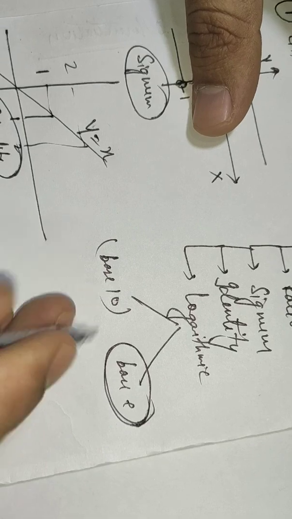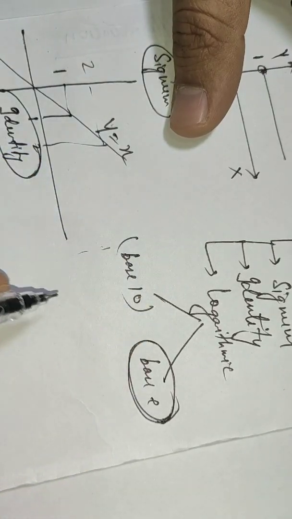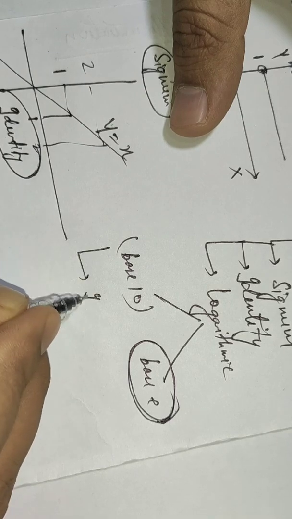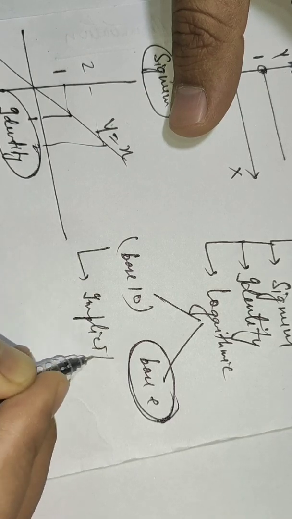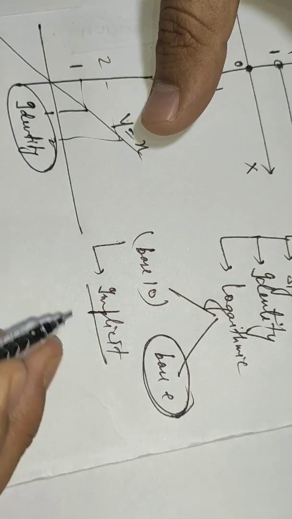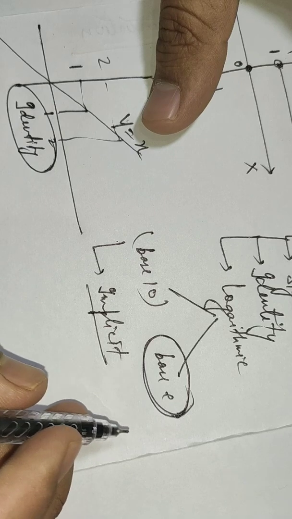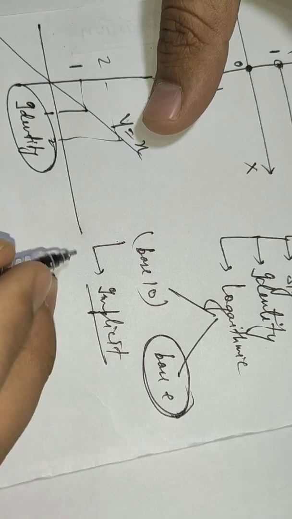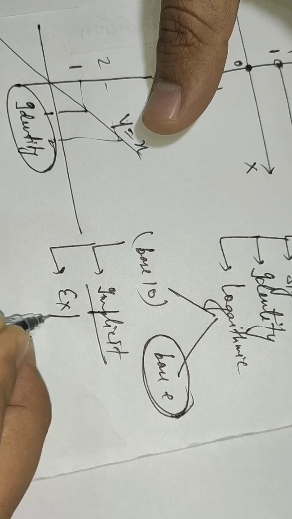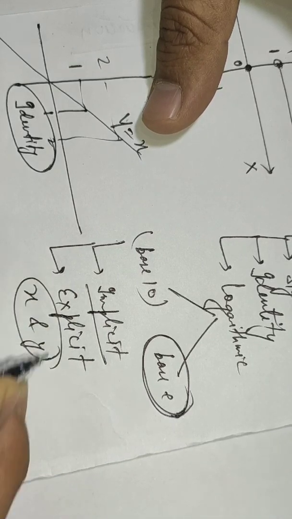Another thing: there are implicit functions. Implicit functions are those functions in which x and y can't be separated. Explicit functions are those in which x and y can be separated.